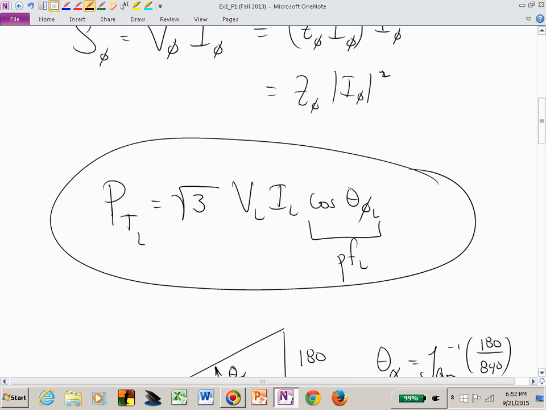We know the total power supplied by the generator, that was 900. We know the line current. We know the power factor of the generator. This will give us our line voltage at the generator terminals. That will be V sub AB. We need V sub AN, but we can find that by this square root of 3 adjustment, converting phase voltage to line voltage.